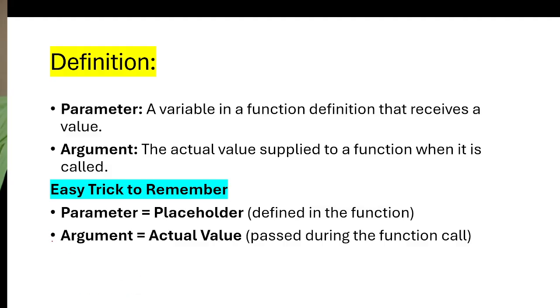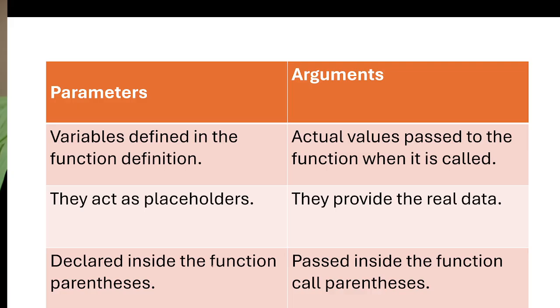Okay, I hope you remember. A parameter is a variable defined in the function definition, and what is an argument? An argument is the actual value passed to the function when it is called.